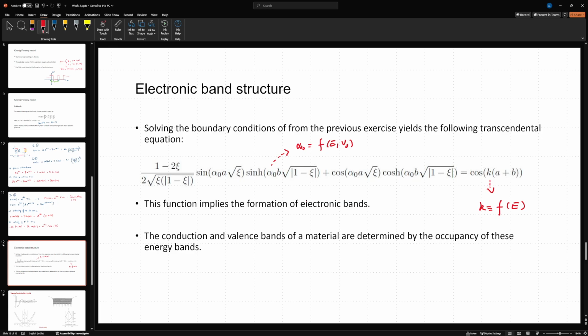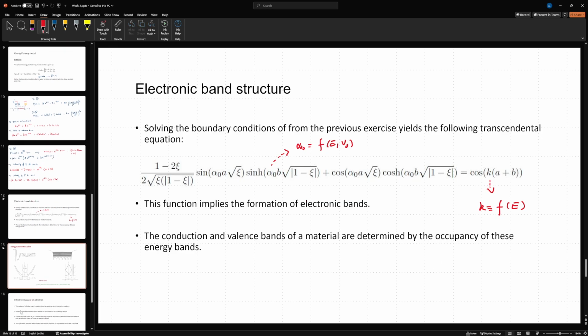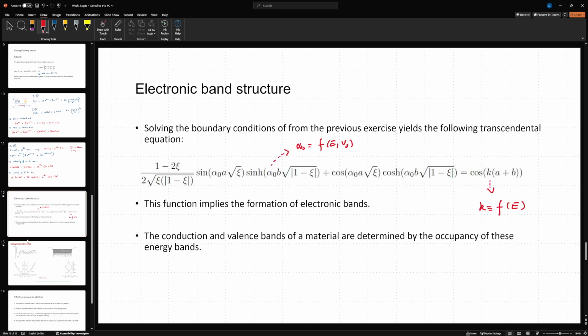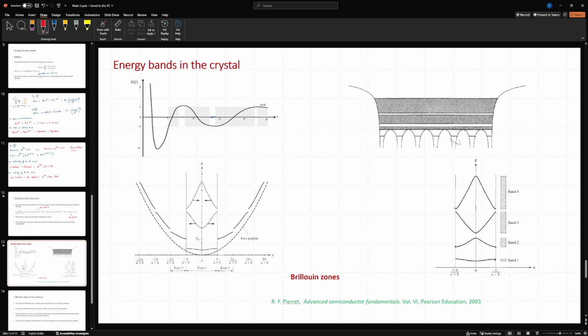And of course, I know E should be below V naught for bounded solutions. So what we can do is eventually plot this function. We consider this variable xi as the normalized energy quantity. So xi is equal to E by V naught. So it's the normalized energy.